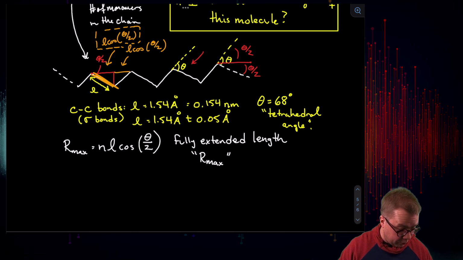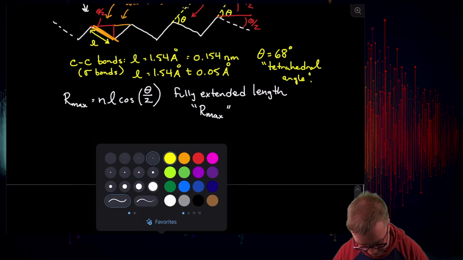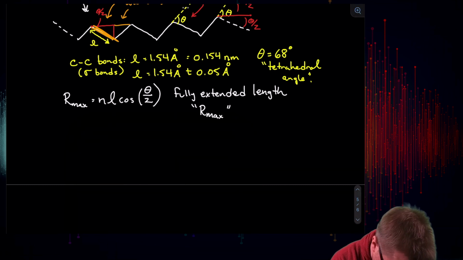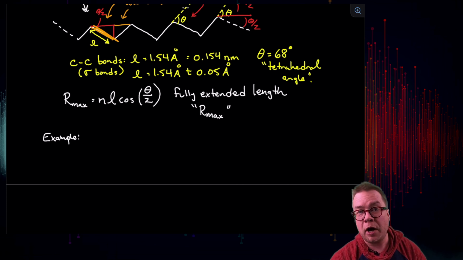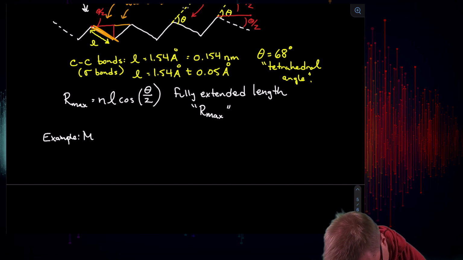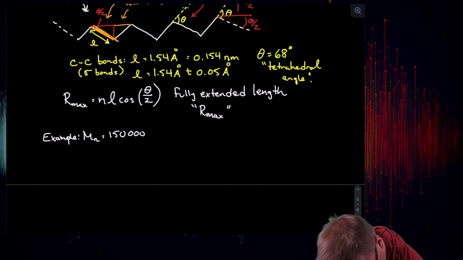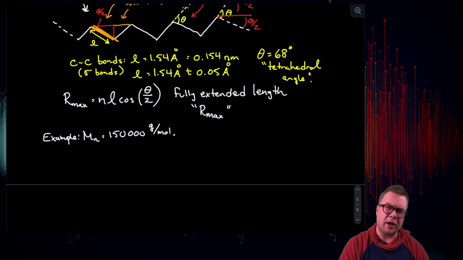So let's do a quick example. Let's do the example for polyethylene. And so our example is, let's say that we have polyethylene with a molecular weight of 150,000 grams per mole. So not a huge polymer, actually.